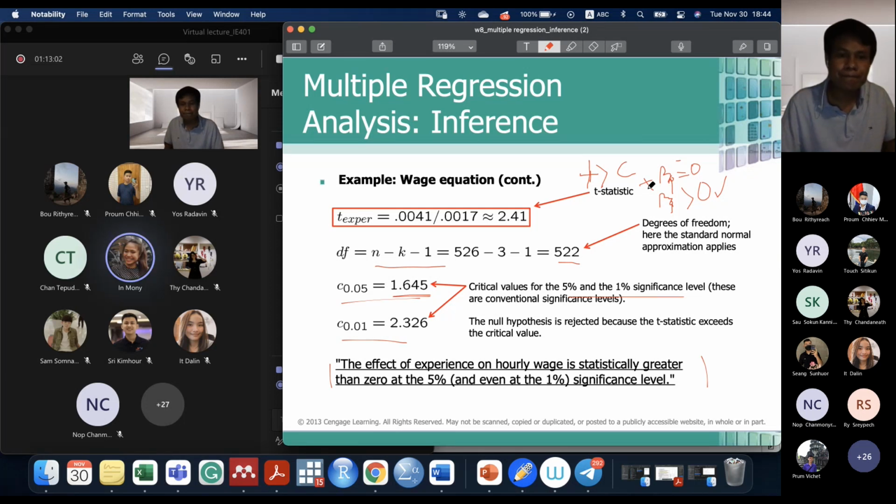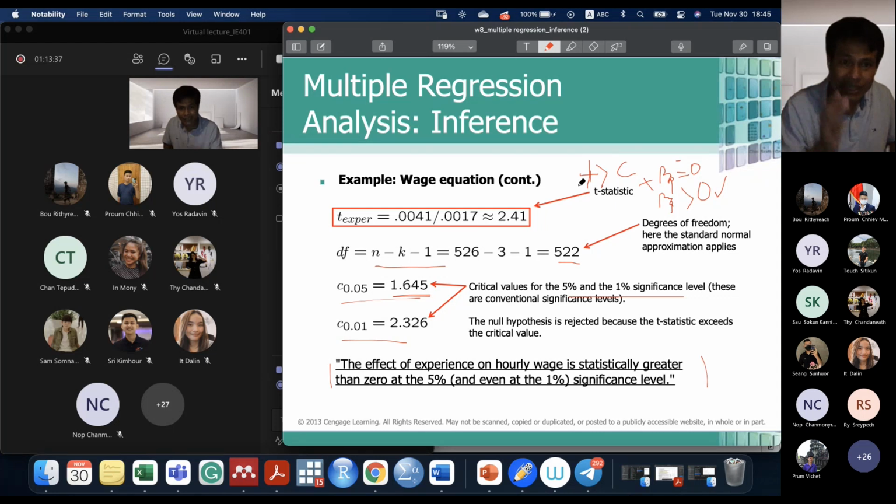I just want to check: we reject the null hypothesis only when t is bigger than c, so it leads to delta j is 0, right, teacher? Yes. If t is bigger than c, meaning. Can you hear me? Not well, but I think I get your point.